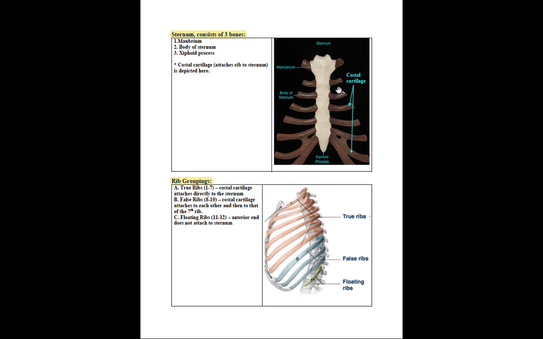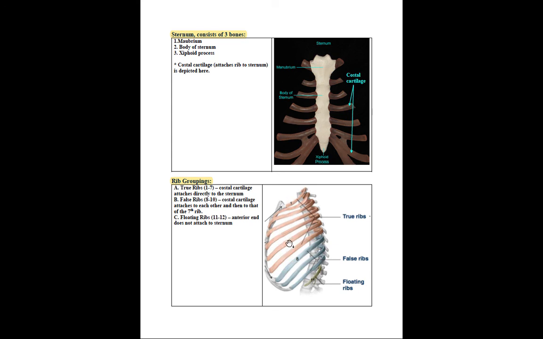And then we have the costal cartilage again. This is the costal cartilage. I went ahead and marked it here because this is really the only place on some of the images that we showed you that you can find it. You can see it on some of the articulated skeletons as well. So again, that costal cartilage is going to attach the ribs to the sternum.